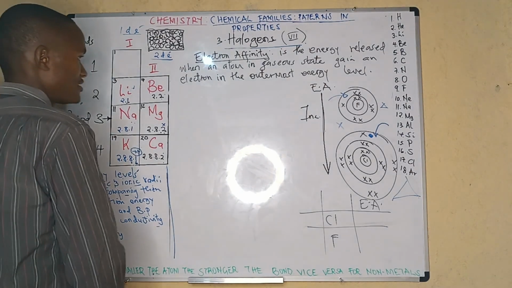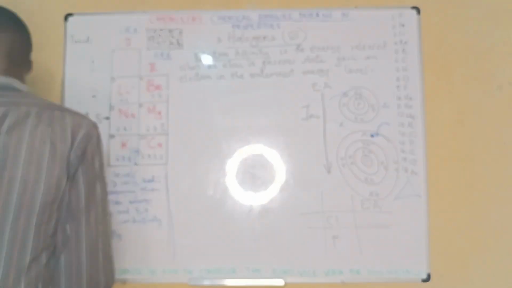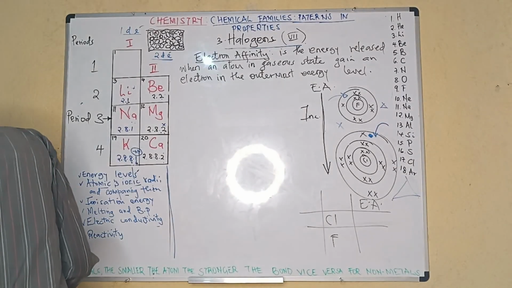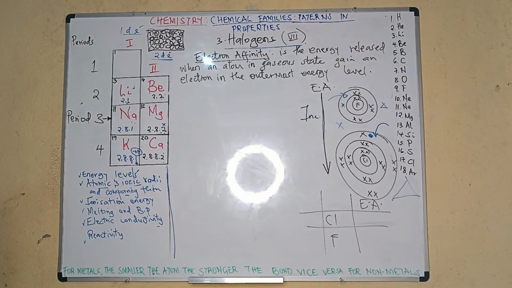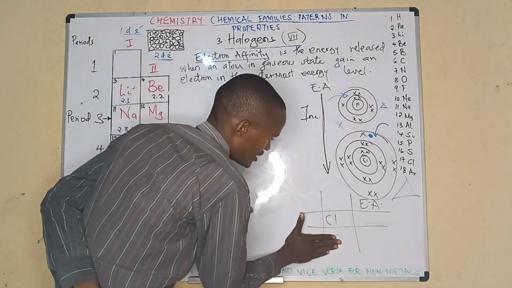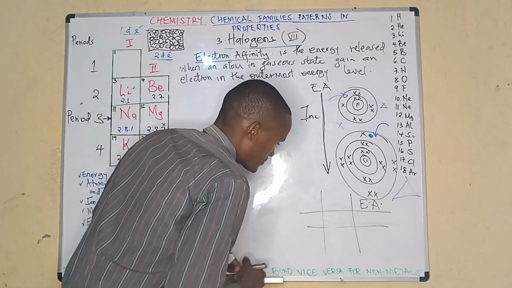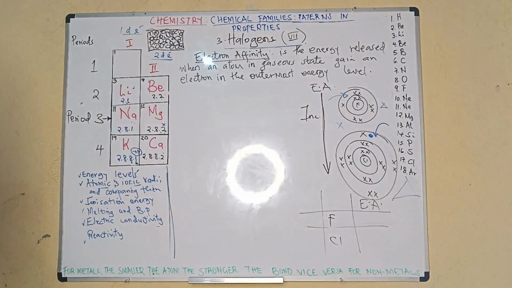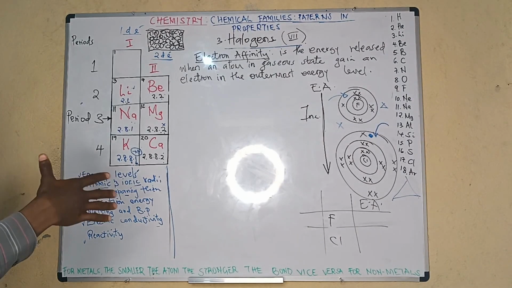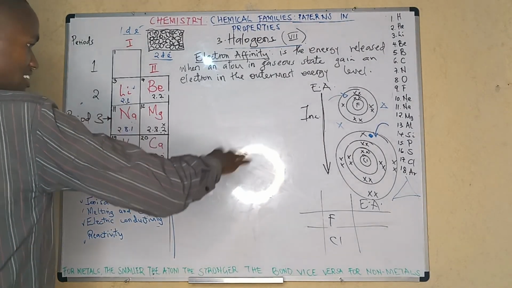Yes, it is indicated. And they say electron affinity for fluorine. Oh, sorry, I was supposed to start with fluorine here. Electron affinity for fluorine. I write as it is, then we see if the discussion is right.